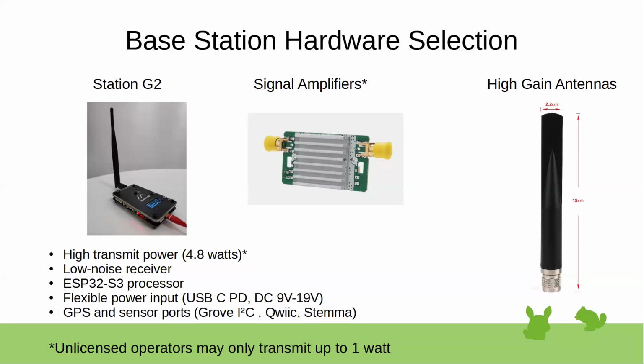But the Station G2 specifically provides a lot more power availability, upwards of 4.8 watts. Now, technically for the ISM band, for the encrypted traffic, because ISM is shared with our 33 centimeter band, we as hams, which I'll get into later, have the ability to use more power, but the default, just like generic rule, is 1 watt of power.